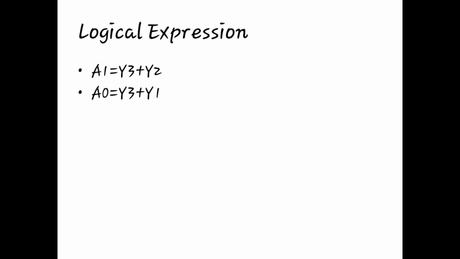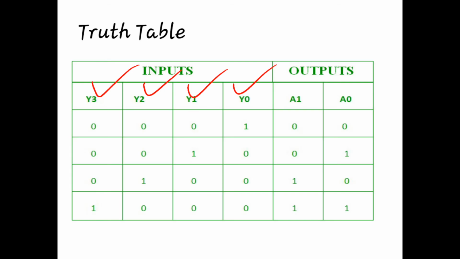Now next thing is how to write the logical expression for this 4x2 encoder. Following this truth table, let us talk about the output variables A0 and A1.